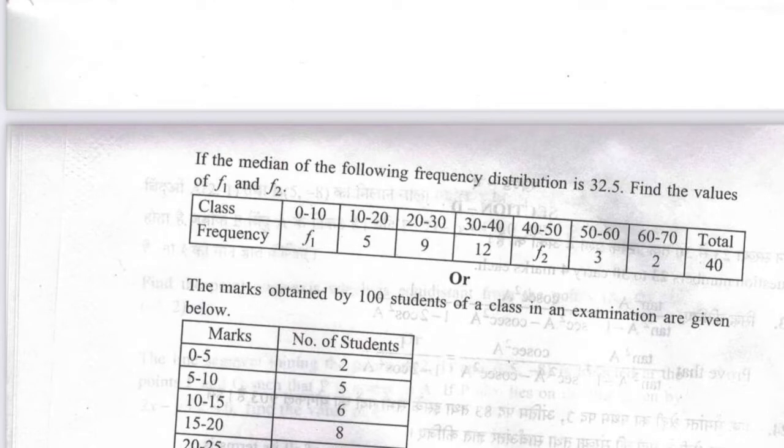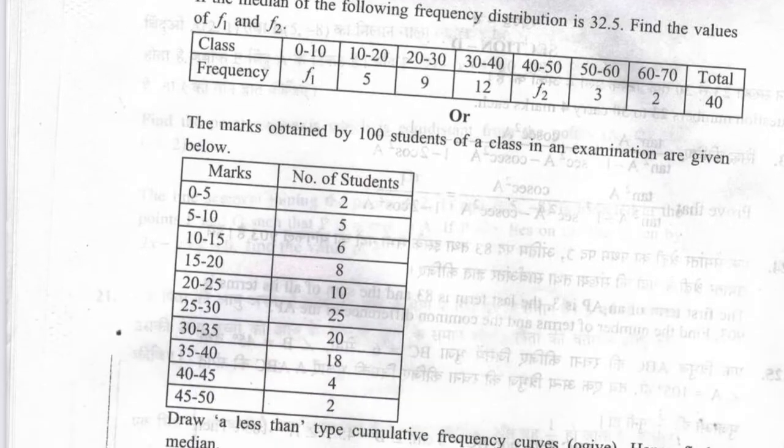26th question. We are given the median as 32.5 of a frequency distribution, and we have two missing frequencies f1 and f2, and we have to find them. Here we are given a table in which we have the class intervals and the frequencies.